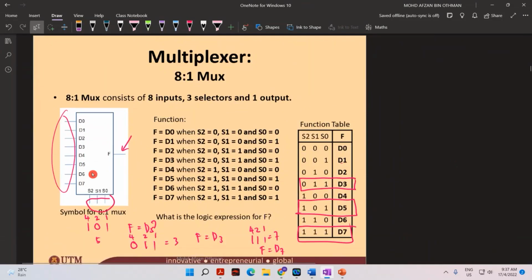Okay, untuk 16:1 mux, kamu akan ada 16 inputs, 4 selectors, and 1 output. Okay, so the function table, no need to memorize as long as you know the value from the selectors and you will get the output F.